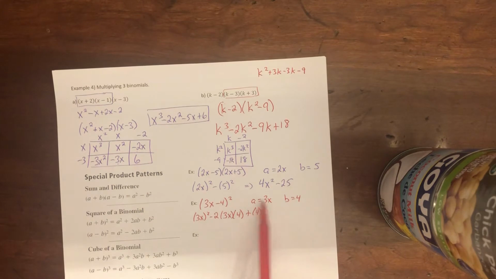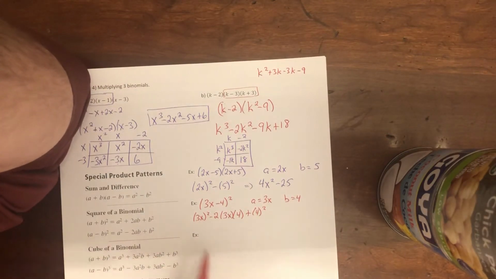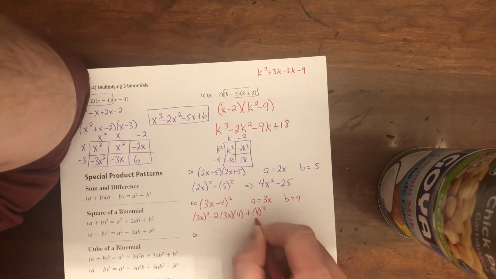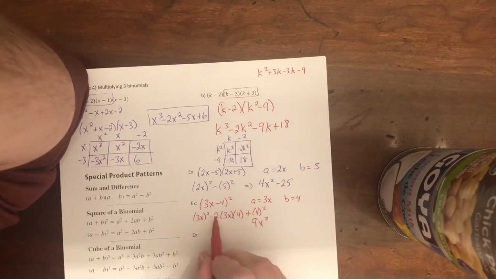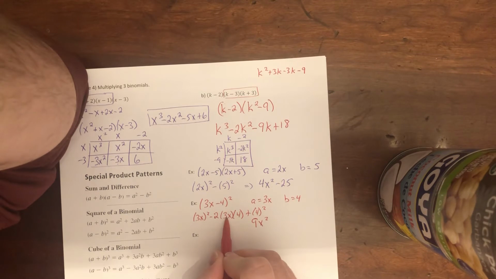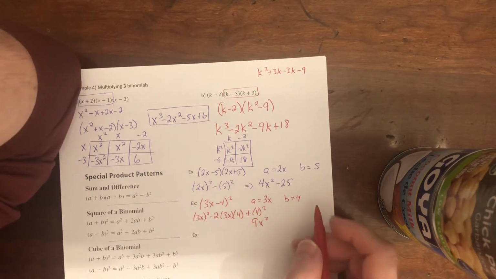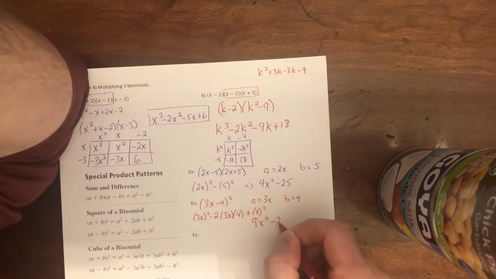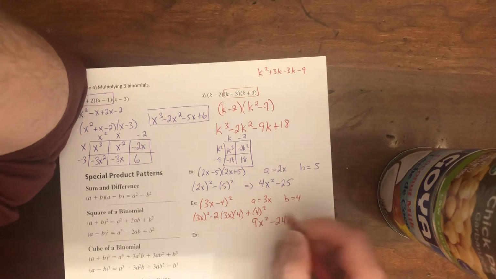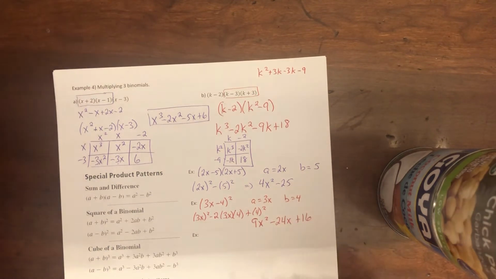We always just take the signs. Notice it's not changing the signs here. We just follow what they give us. So this would give us 9x squared, negative 2 times 3x is negative 6x, times 4 is negative 24x, and 4 squared is 16.